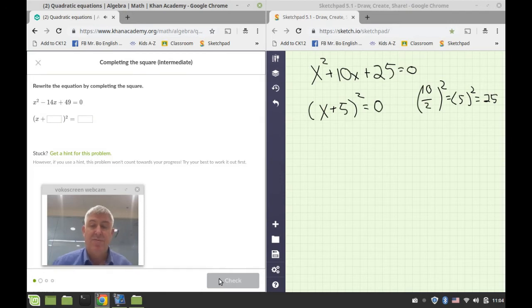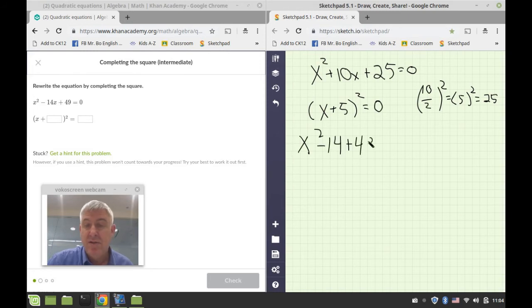For number 2, we're going to do the same thing. x squared minus 14x plus 49 equals 0. We're going to take the coefficient of the x term, divide by 2 and square it, so negative 7 squared is equal to 49.